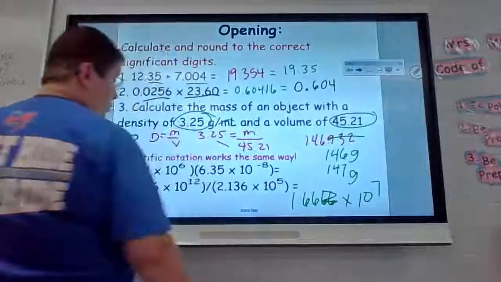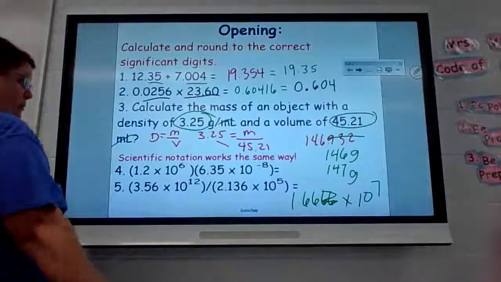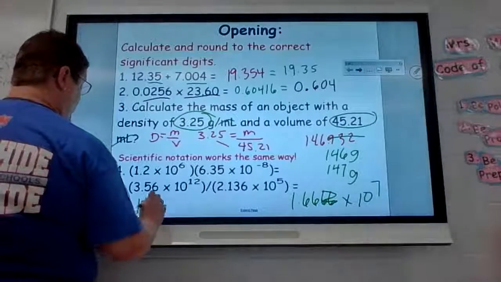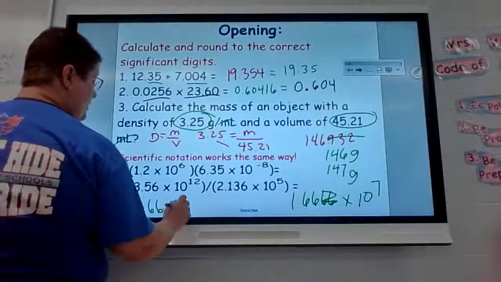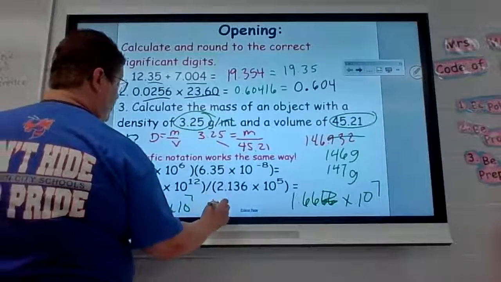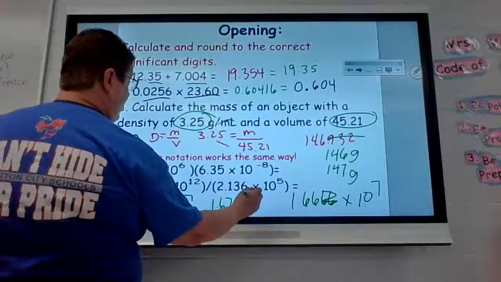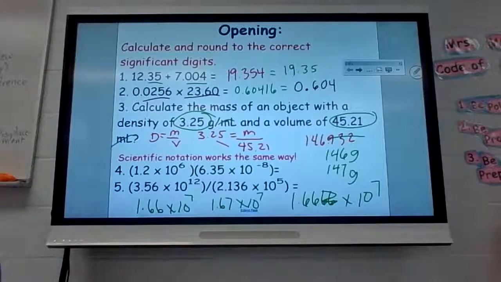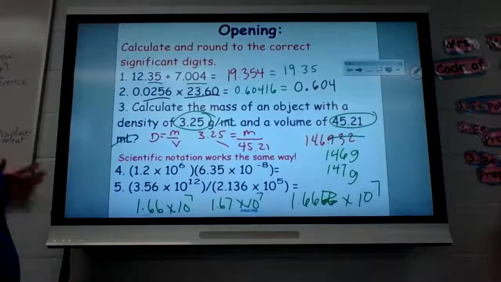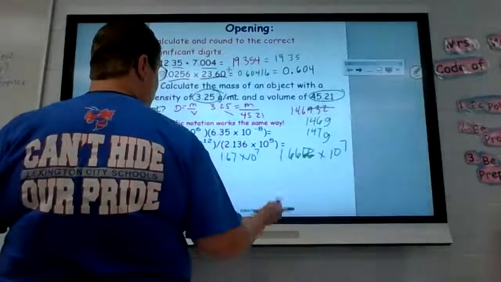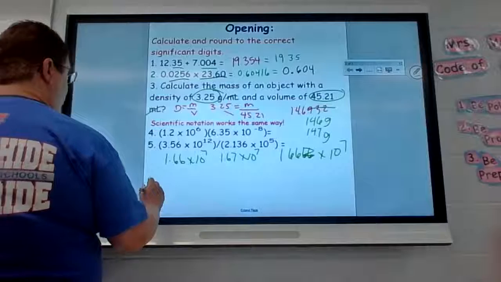And again, round up, drop off, I don't care, as long as you only have 3. So 1.66 times 10 to the 7th, or you could say 1.67 times 10 to the 7th. Either one is good.